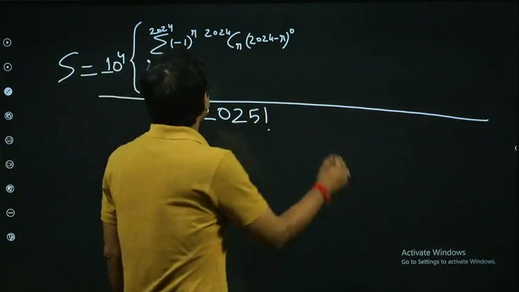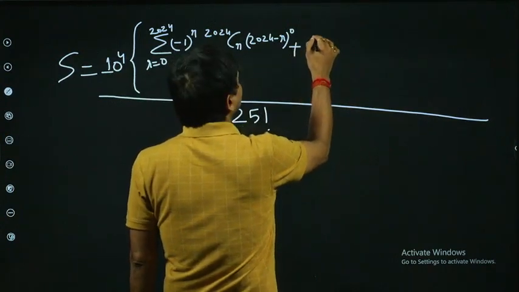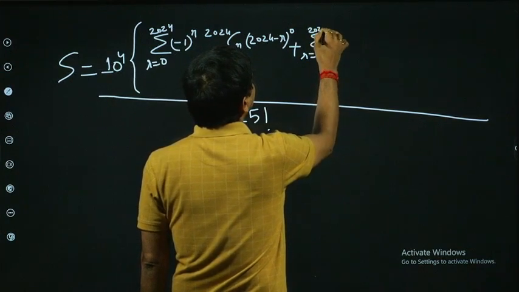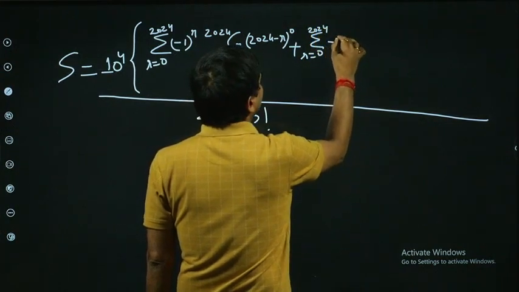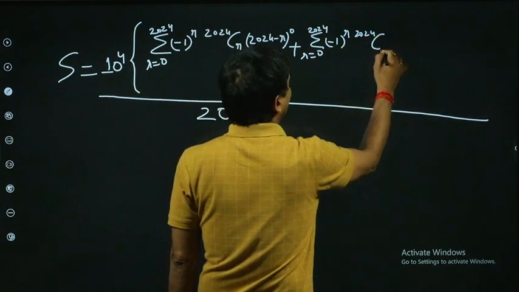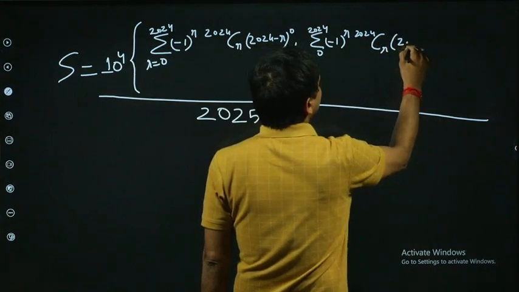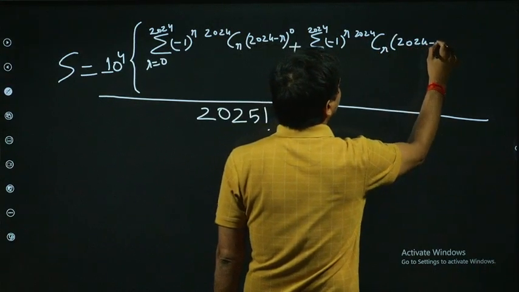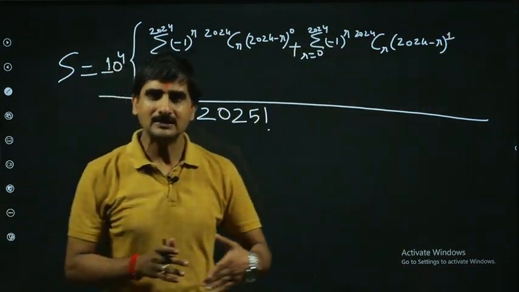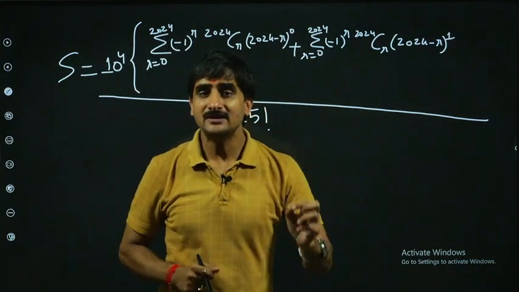Okay, plus r goes from 0 to 2024, minus 1 raised to the power r, 2024 C r, 2024 minus r raised to the power 1.